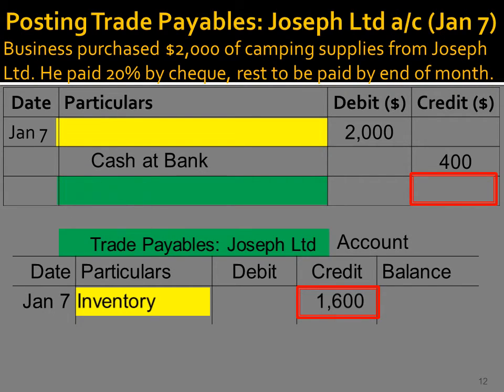So we will put inventory in the particulars column. Again, if you are considering between inventory or cash at bank, let's consider the journal entry rules of recording. We have credited trade payables account with $1,600. If we have credited the trade payables account, the other account that's affected has to be an account that we are going to debit.